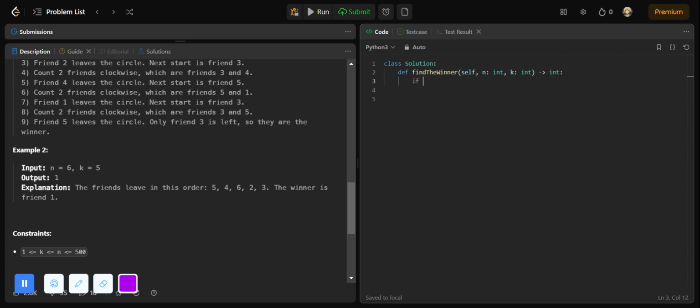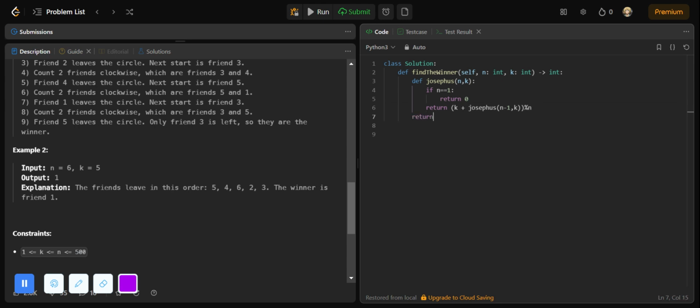Our base case: let's define our function Josephus, which takes two parameters, n and k. If n is one, we return zero, since this is going to be zero. Otherwise, we return k plus Josephus of n minus one, comma k, and we mod the whole thing by n.